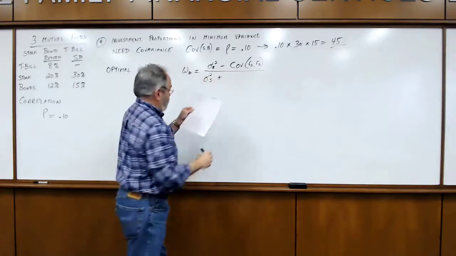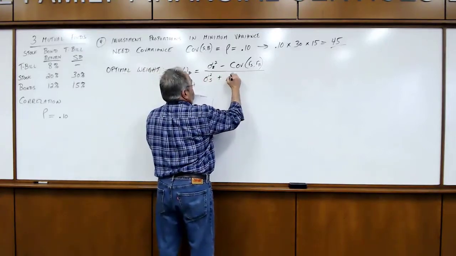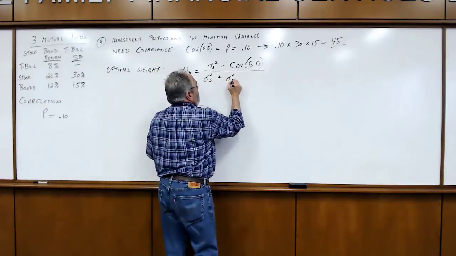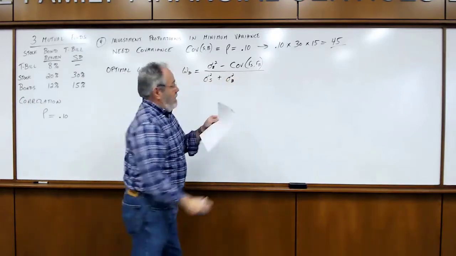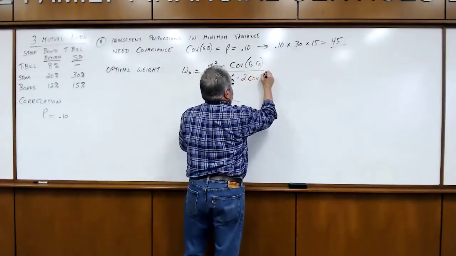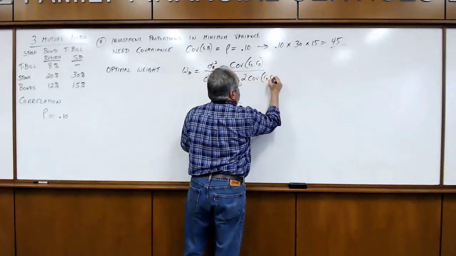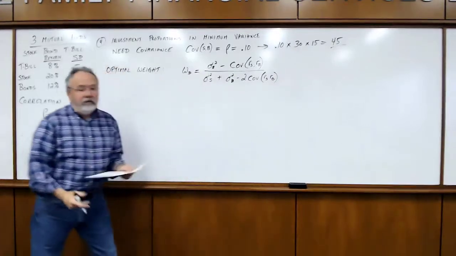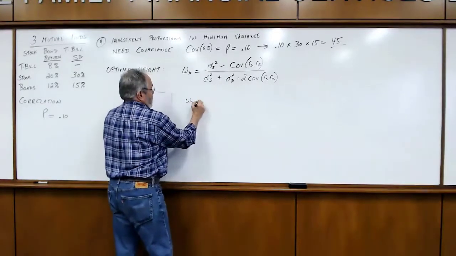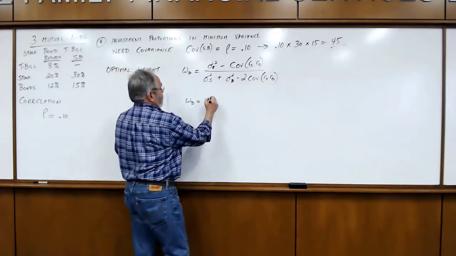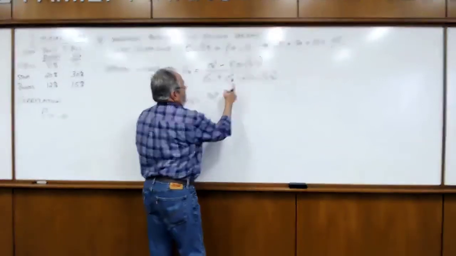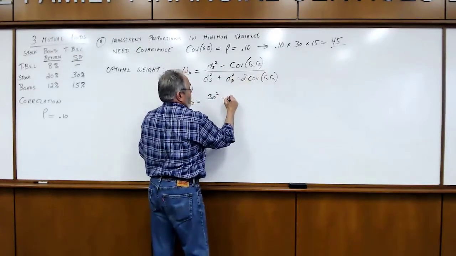Variance of the stocks, variance of the bonds, okay? That's a formula we use. Weight in debt, 30 squared minus 45.